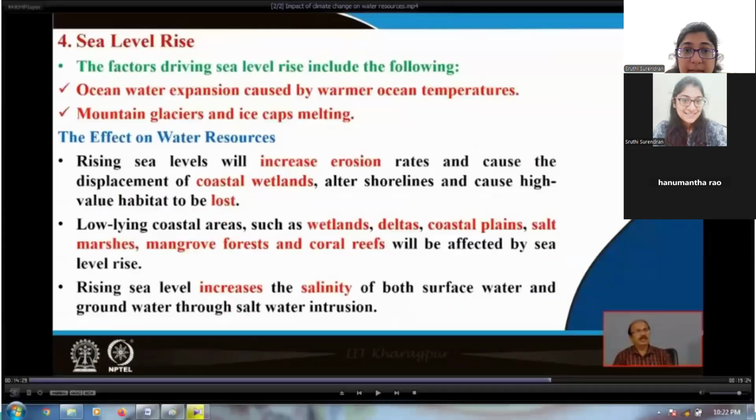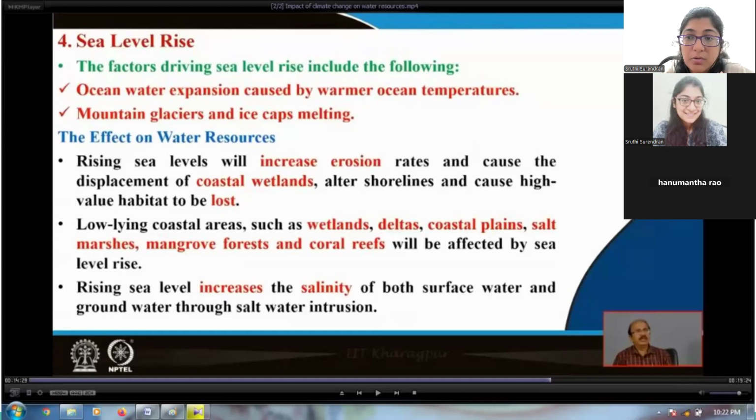Then sea level rise. When the level of the sea water rises, this is going to result in problems like seawater intrusion, as well as lands subsiding because of the increasing level of water.